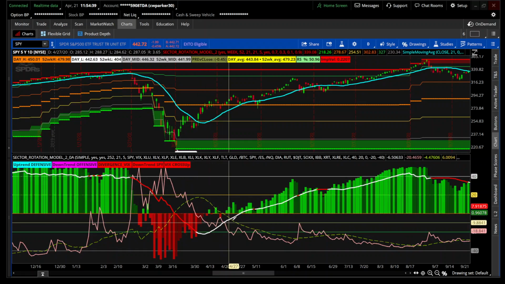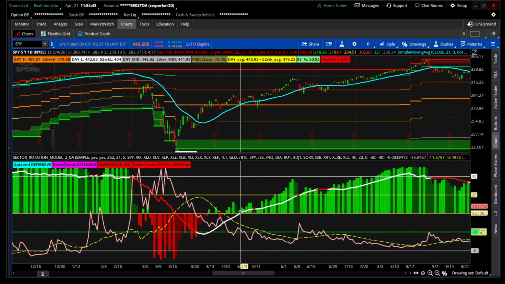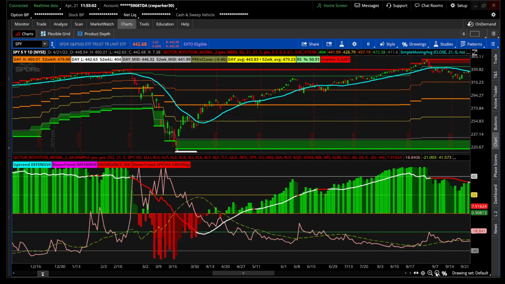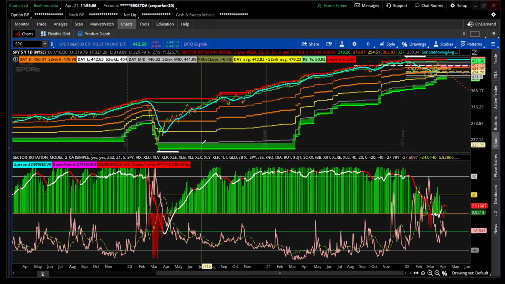And if you wanted the S&P to be back above its 50% ratio of its 52-week high and low, you actually would have waited to May. I remember a lot of stocks just taking off in May, but this lines up in correlation exactly with what's going on at the top.